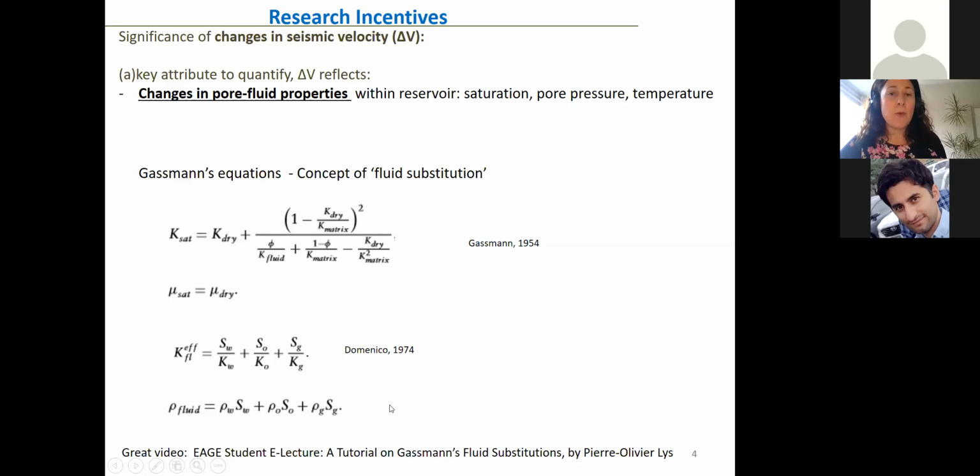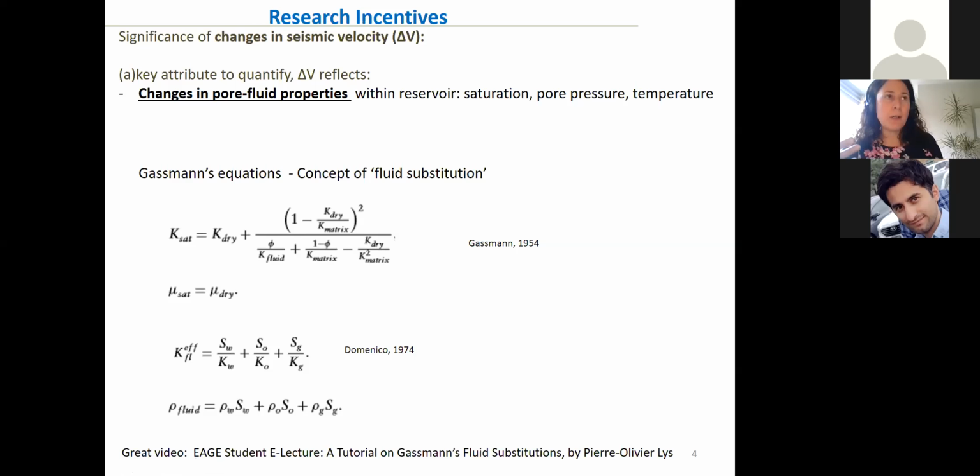And if you have an understanding of the monitor conditions, you would know, okay, this is how much I expect my water saturation to change, my oil saturation, my gas saturation. So I can predict the updated fluid modulus, insert it into this equation, and now have a new saturated bulk modulus.